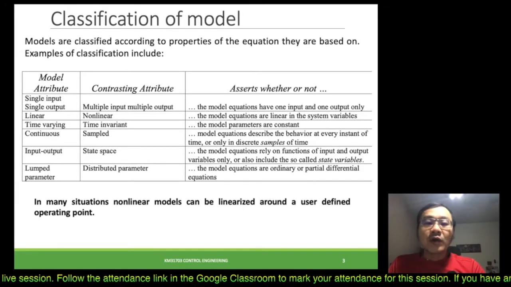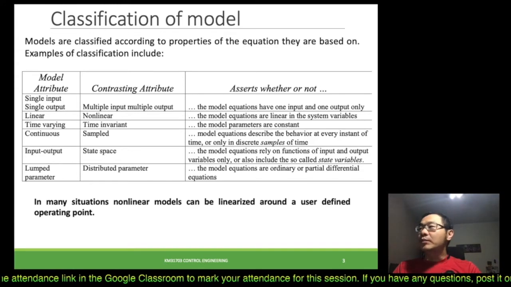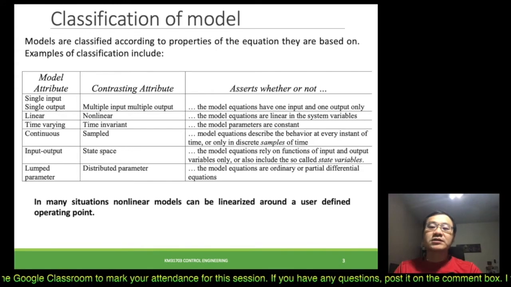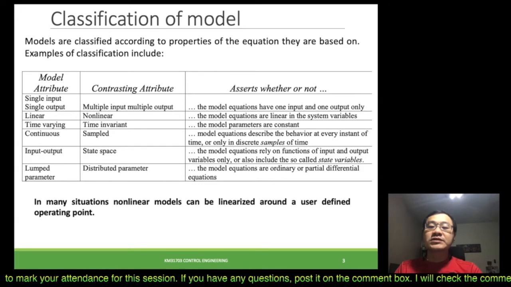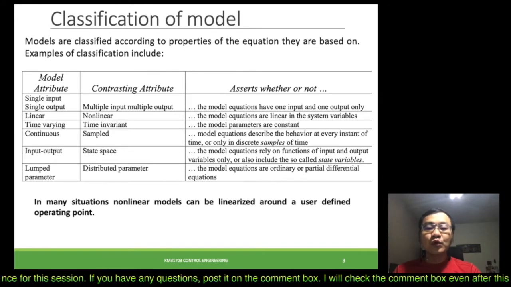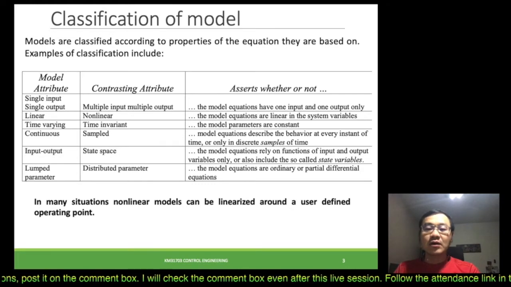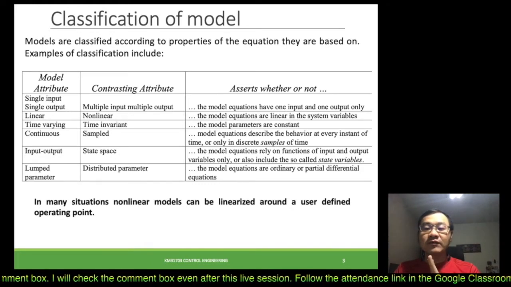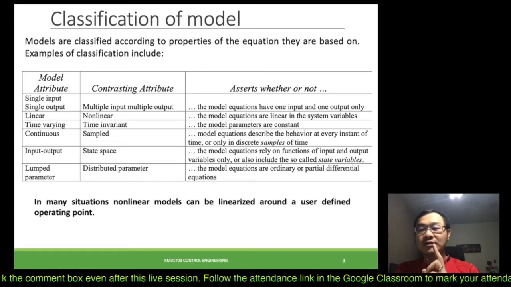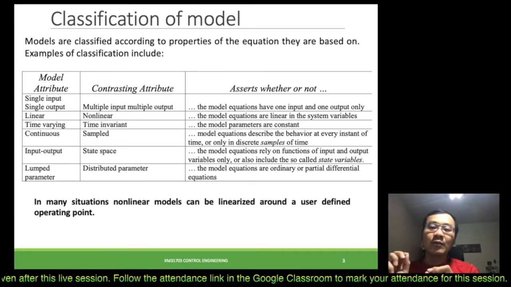This mathematical model can be classified according to the properties of the equations. For example, there may be one input and one output, meaning one-to-one linkages, where the model equations have only one input variable and one output response.